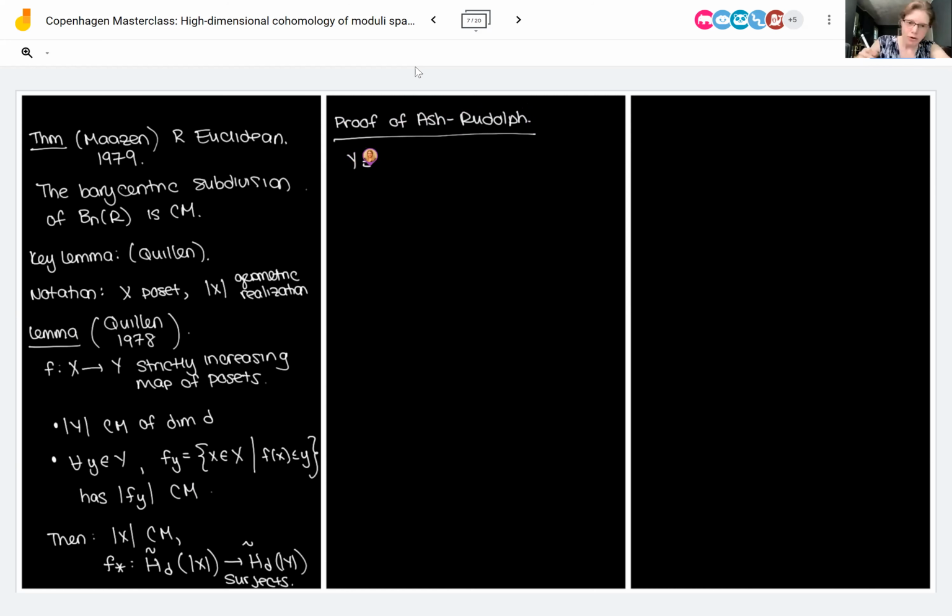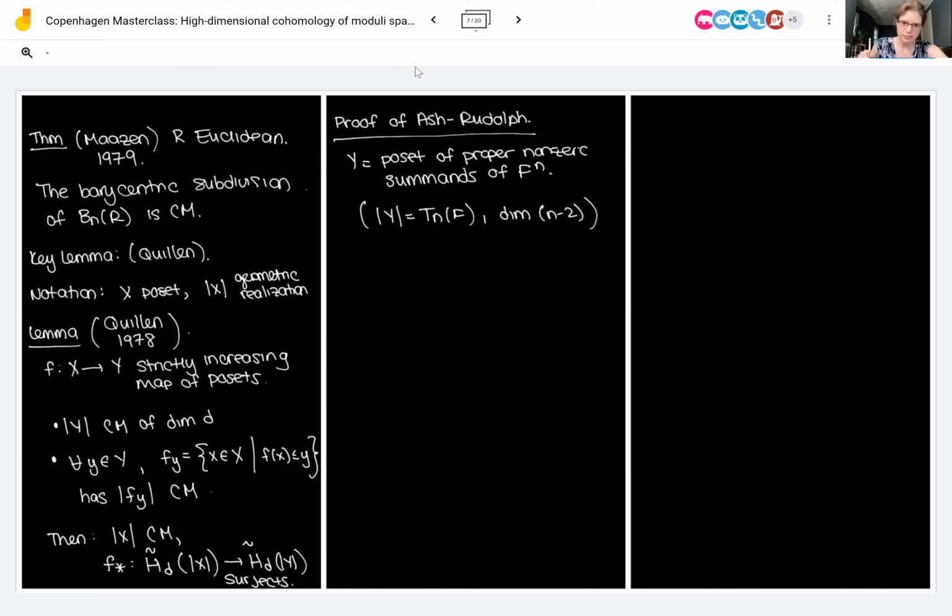I'm going to take Y to be the poset of proper non-zero summands of F^n. Notably, the geometric realization of Y is exactly our Tits building, and it is dimension n-2.